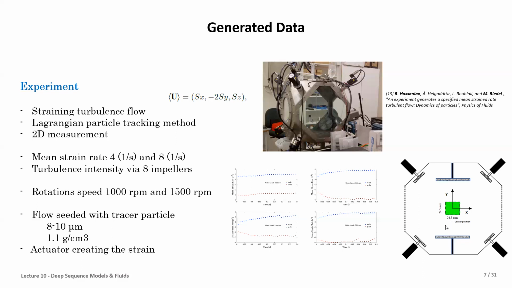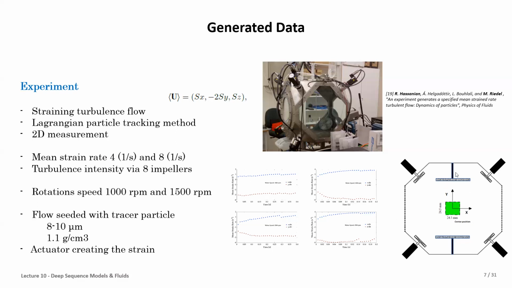To have a good measurement, the measurement area is 24.5 millimeter square in the center of the tank. Here in the sketch you can see it, and if we look in the tank, you can see it here in this center. We are using a high-speed camera to take the measurement. The camera is taking 10,000 frames per second, so it's a very high-speed measurement.